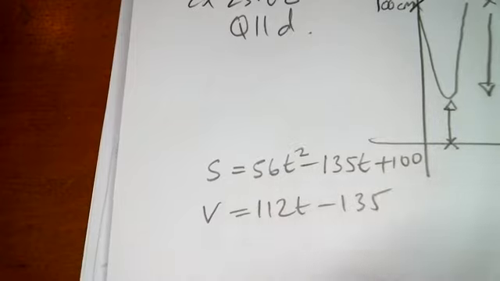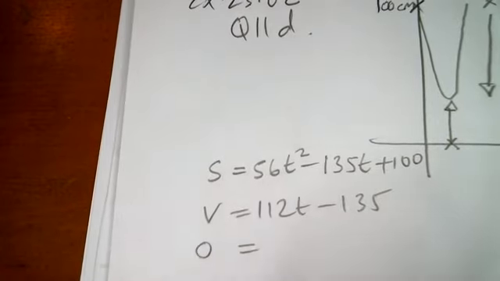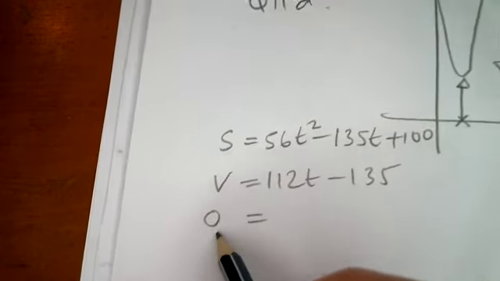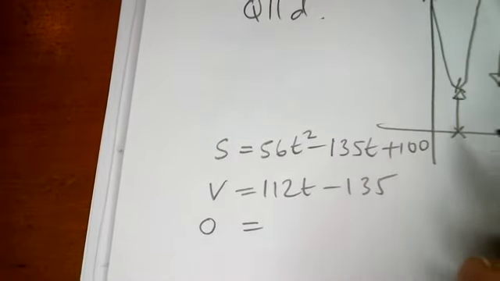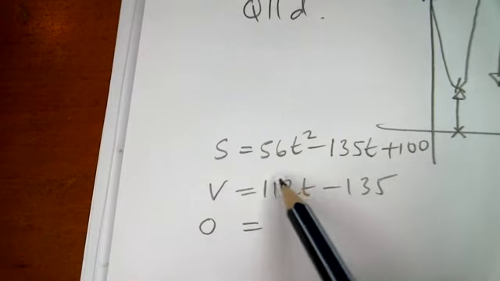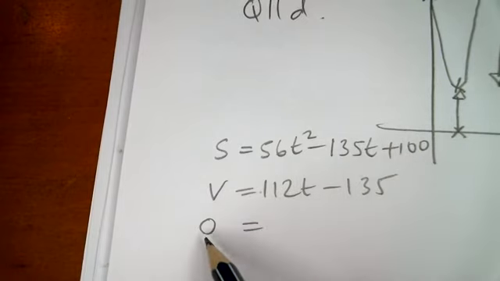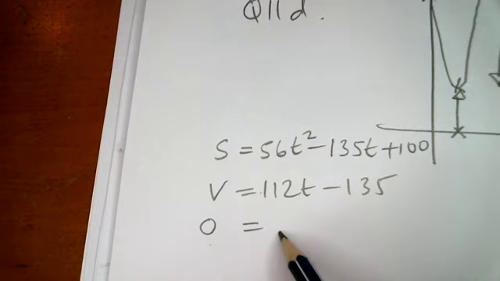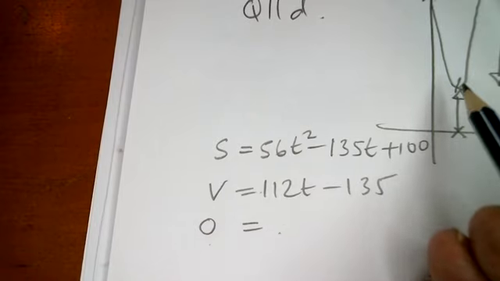If we make that equal to 0, velocity equals 0, in other words, we're finding the turning point, this point here. Never forget what we're actually doing here: if you differentiate, you find the gradient function, and if you make the gradient function equal to 0, you find the time when we're at the turning point.